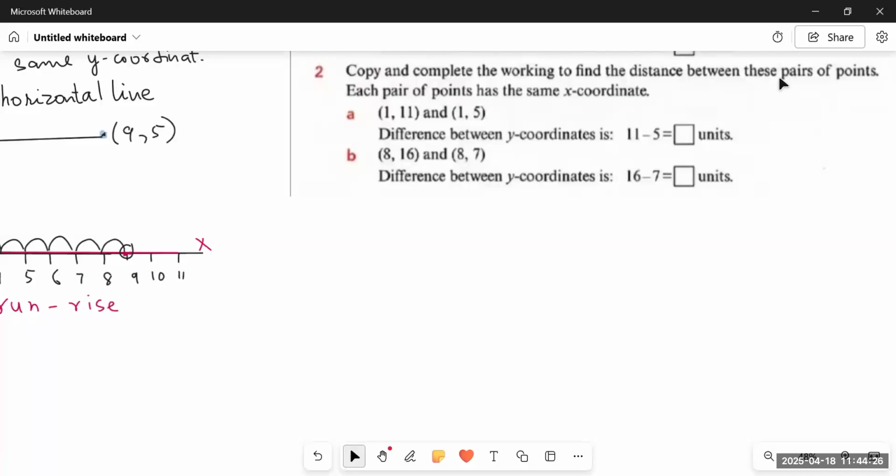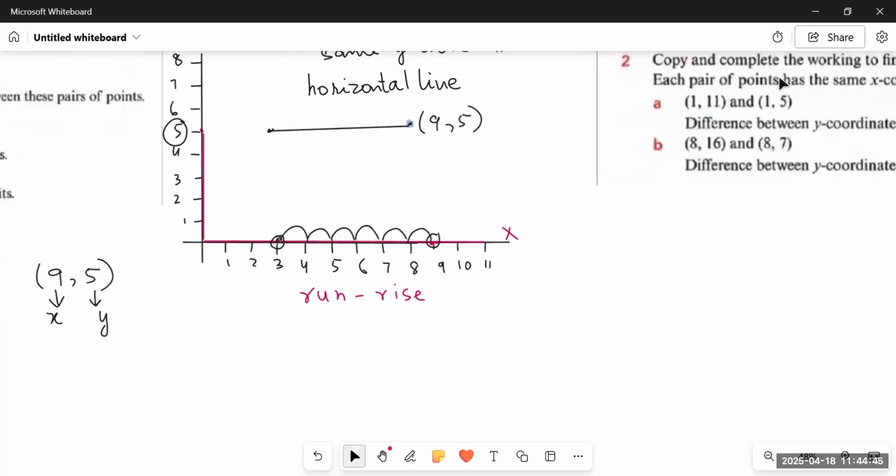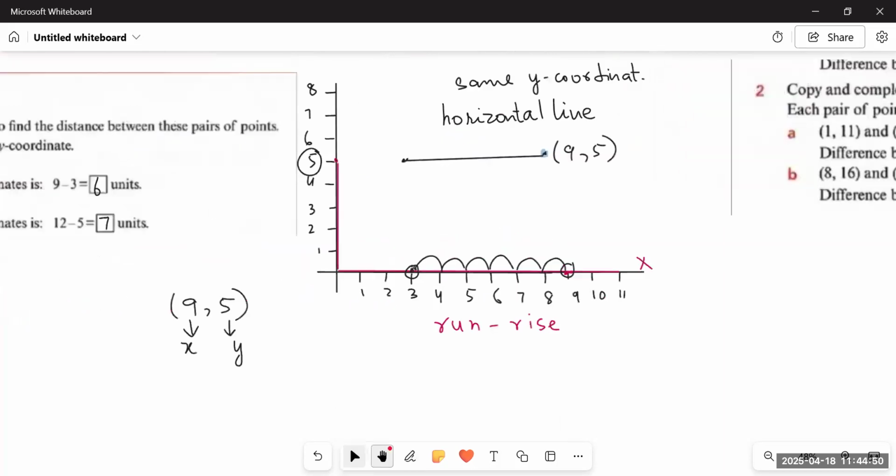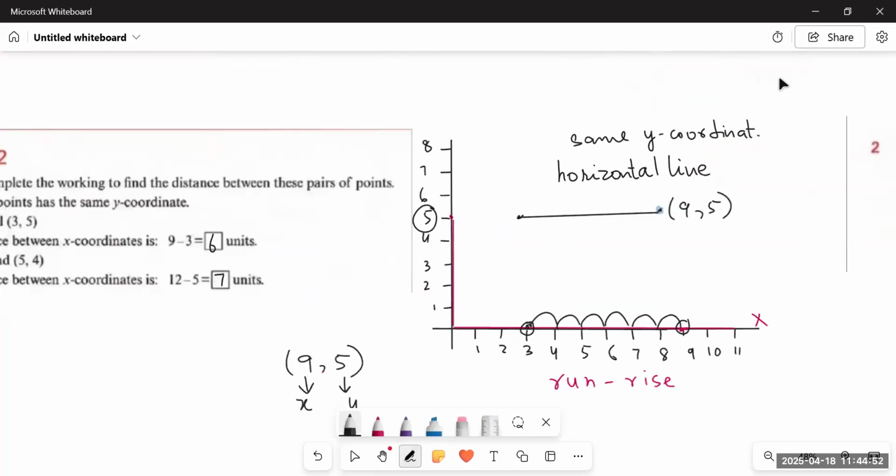Now we have to do the same in question number 2, but here you will find that the y coordinate is different and the x coordinate is the same. So whenever we have such a case where the x coordinate is the same, then we will have a vertical line. How? Let me show you. The first one is 1, 11 and the second one is 1, 5. So the point 1, 11 would be, let us extend the line, 9, 10, 11.